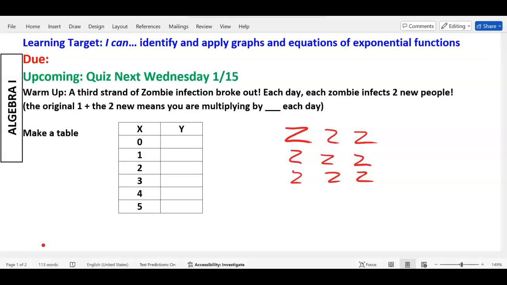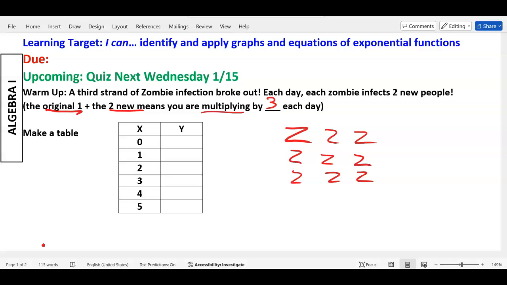So notice, I didn't double it, I actually tripled it, okay? So here's what I want you to notice. That's why I have a little blank here. When you have 1 original zombie and you have 2 new, that means you're multiplying by 1 plus 2, which is 3, okay? So when you're adding 2 each time, don't forget the original one. 1 plus 2 is 3. So what we're doing is multiplying by 3.